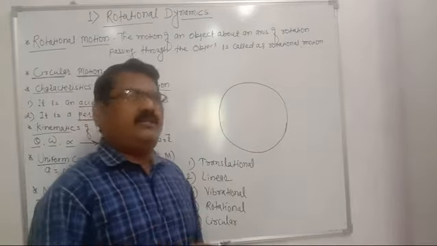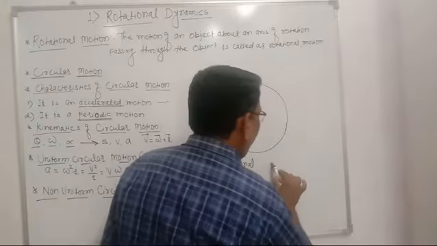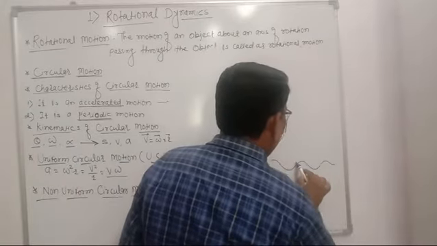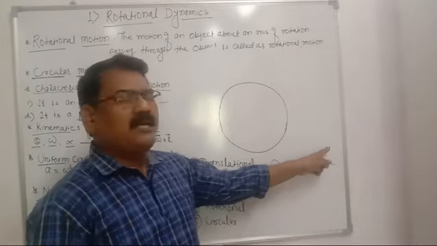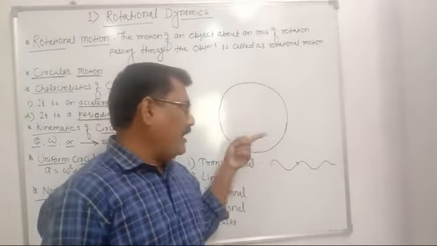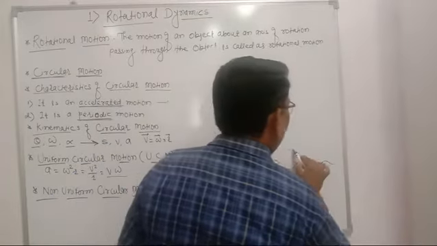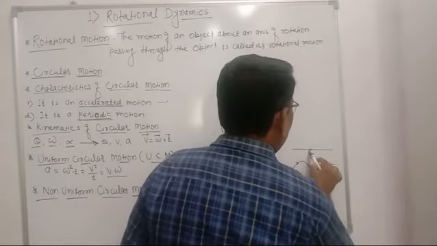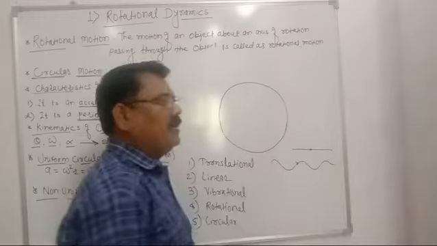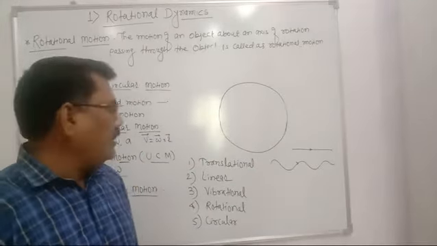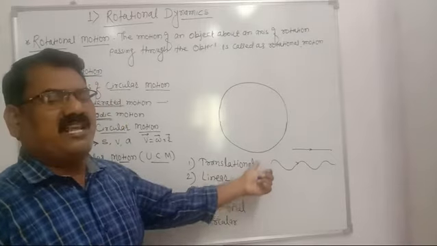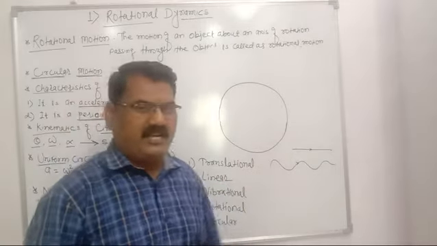See here, you know that when an object or a body is moving along a line, it may be a straight line or a curved path, then that motion is known as translational motion or translatory motion.